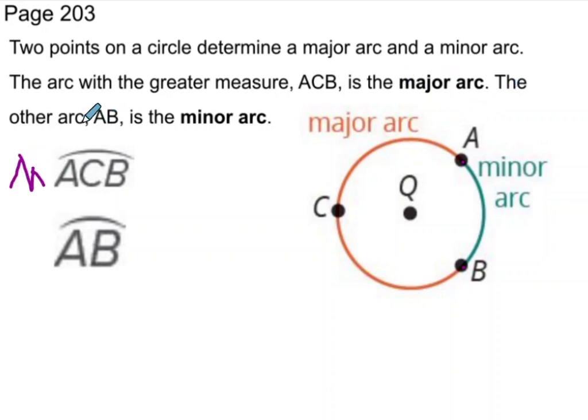And then the other arc is going to be the minor arc. So major arcs are also going to be greater than 180 degrees when I look at the angle measure inside. And that means minor arcs will be less than 180 degrees.